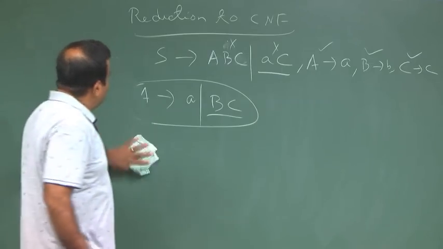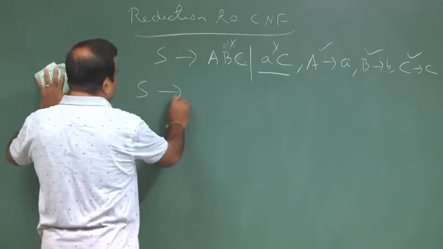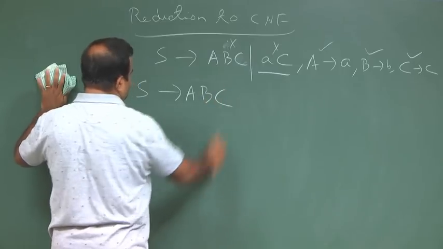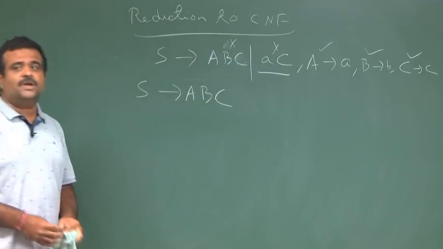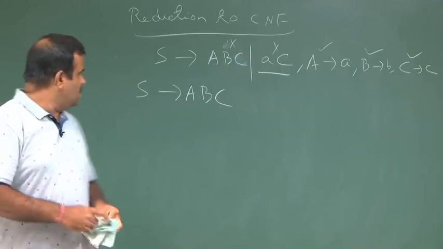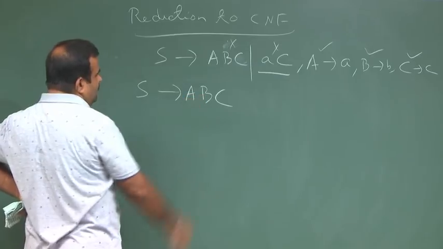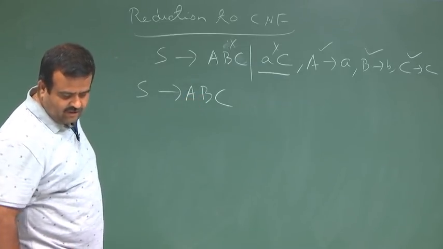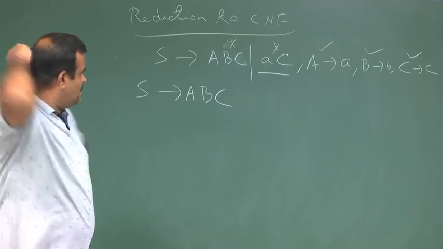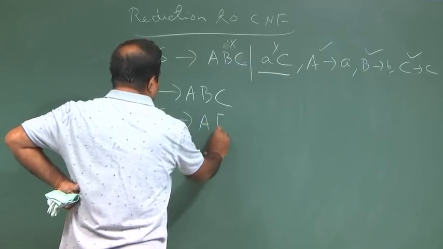For example, how to convert S going to ABC into CNF? We can introduce another variable here, like E or D, anything. Let us introduce an E here, so S goes to AE.